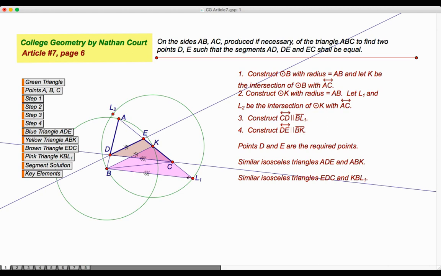And KBL sub 1 is another isosceles triangle with K as the vertex angle, that makes this triangle also isosceles with DE equal to EC. And hence, we are done with the situation, because what we did was to construct triangle ADE with AD congruent to DE, and we constructed the pink triangle with DE congruent to EC, and hence that is the solution. Okay?